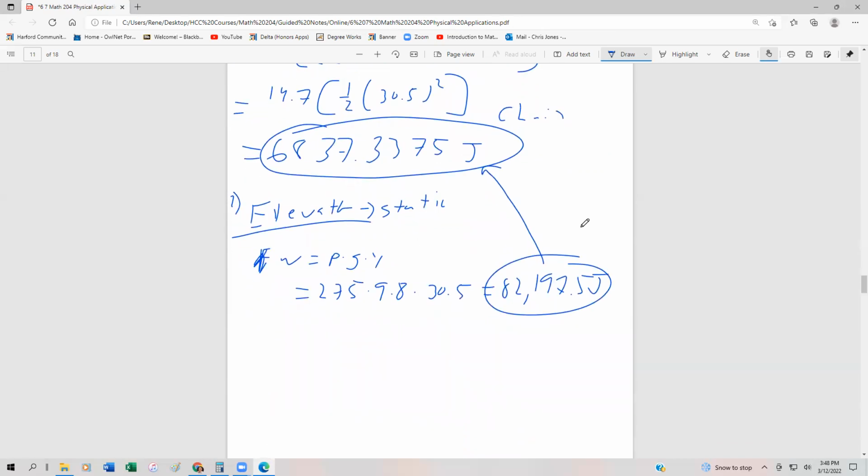Finally, we need the chain plus the elevator to get the entire amount.